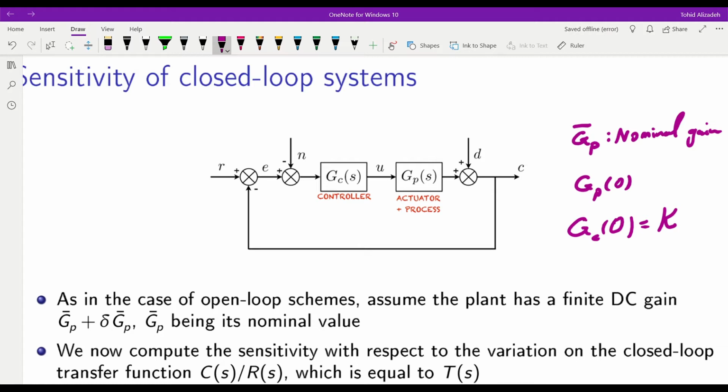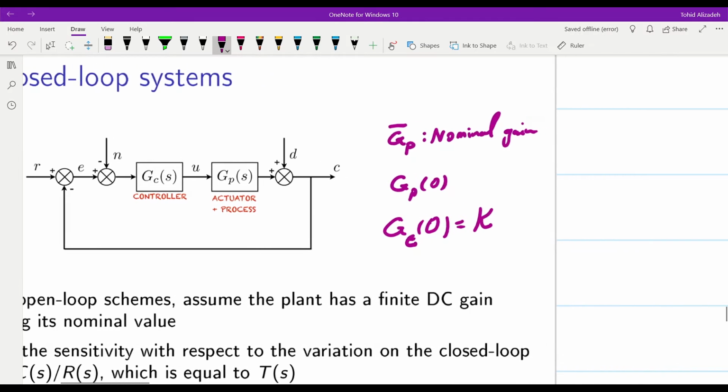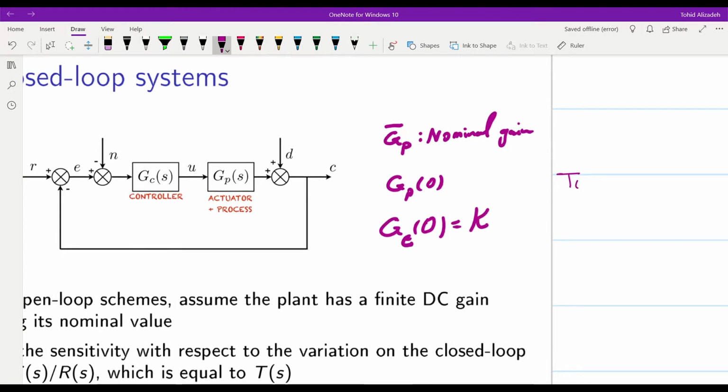So the nominal gain for the plant is GP bar, and the gain of the controller that we have designed is K. Now, if we find out the transfer function for the closed loop system, T of S is obtained as GC times GP of S over 1 plus GC times GP of S.